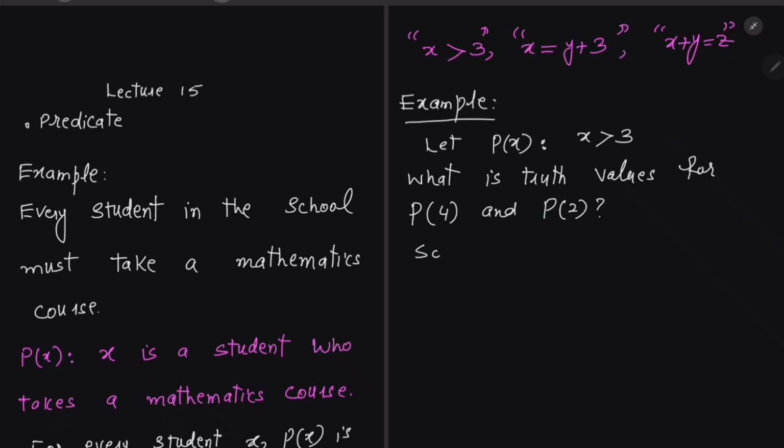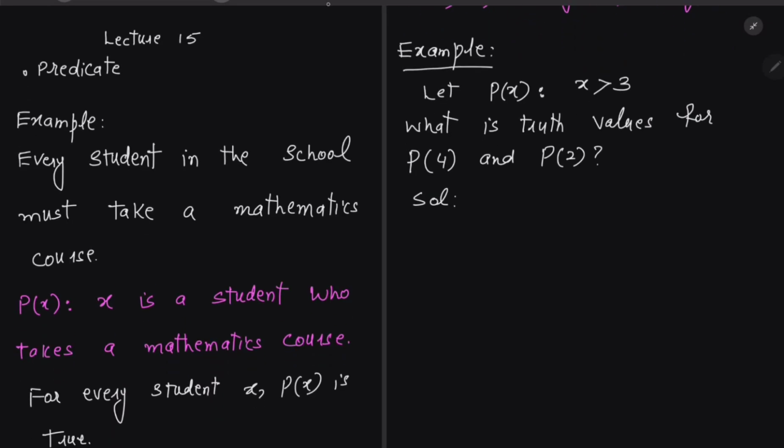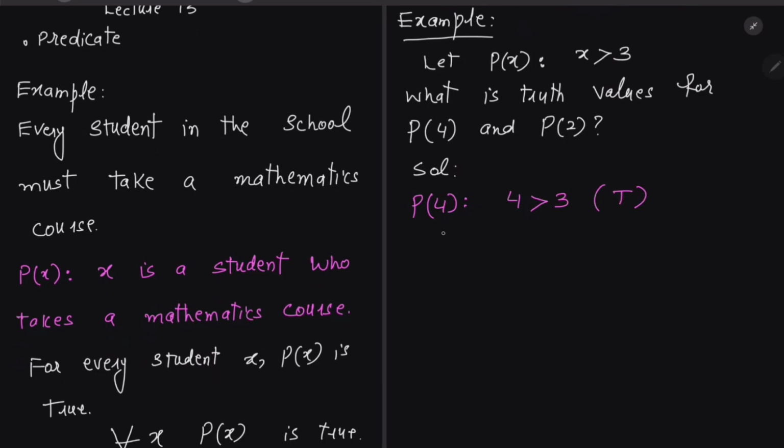This is the question, and that's very easy. We already named the statement by P. So P of 4, for example, is 4, which is greater than 3, so the truth value is true. And if we put the value for x which is 2, 2 is not greater than 3, so it is false. So that's how we deal with the predicate for one variable.